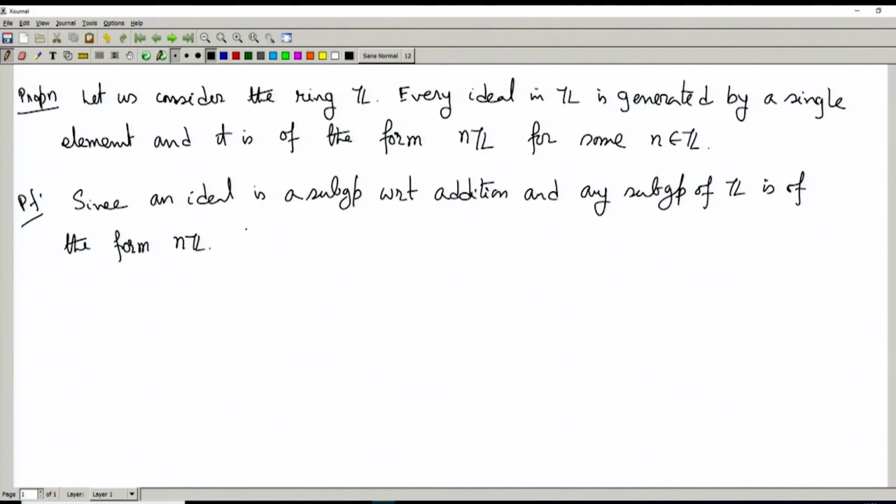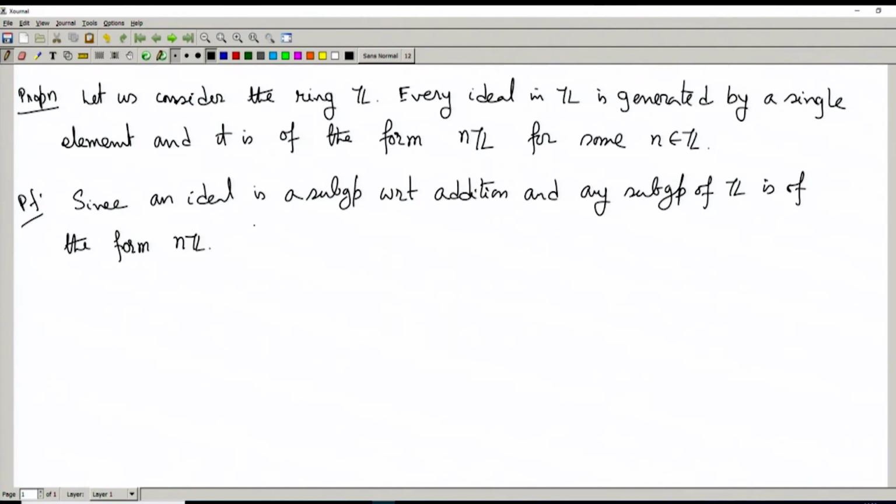And we can see that if I take all the multiples of n and multiply by anything from the ring of integers, it is again a multiple of n. So it is closed under multiplication by elements of the ring. Therefore, in fact nZ is an ideal.